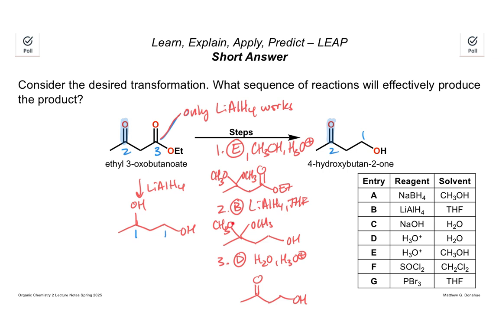So for example, that oxygen gets protonated, and then this oxygen will push that out so water can attack it. You end up with the hemiacetal, and you just keep going back till you get to the ketone.